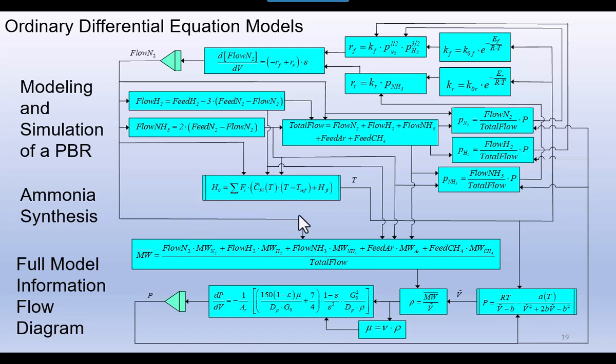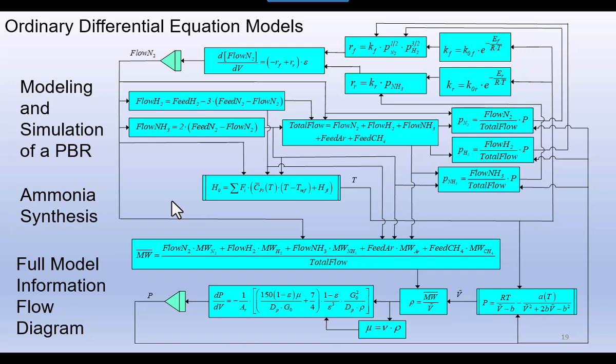But you'll notice with this box, we put a double line on the ends of the box. And that is to indicate that this is what is called an algebraic loop or an implicit algebraic relationship. And in this case, we need to solve this relationship for the temperature. That's how we get the temperature. Then, and we'll get into that in a moment, the temperature can then be supplied for the kinetic relationships.